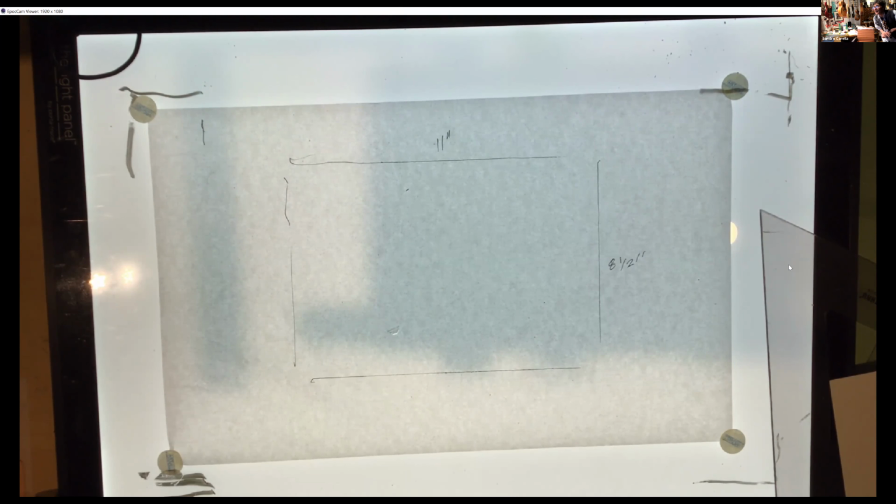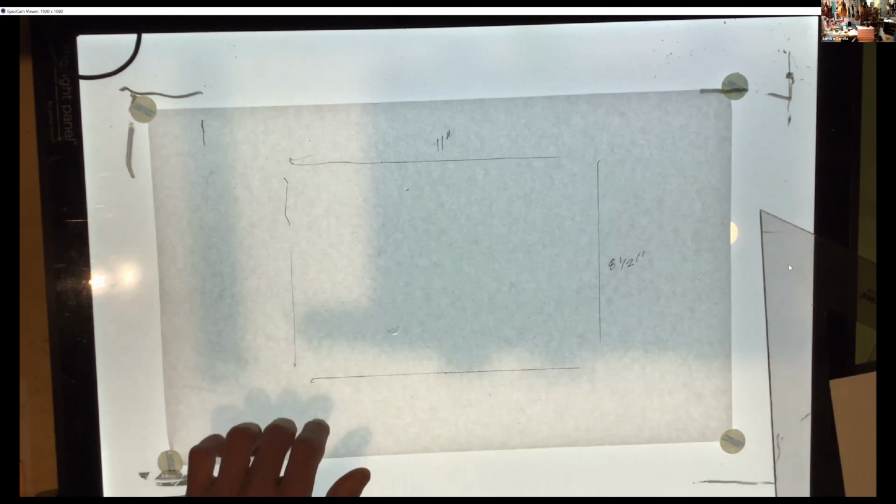I don't know why I'm getting that black, but you can see what I'm doing.